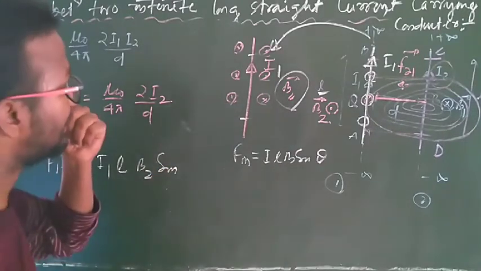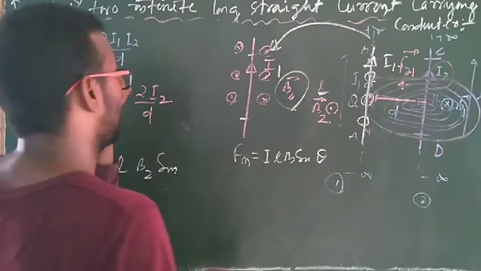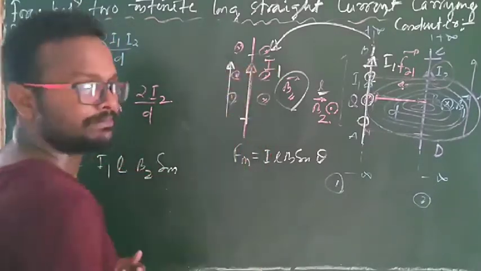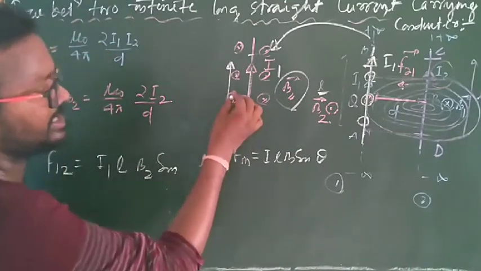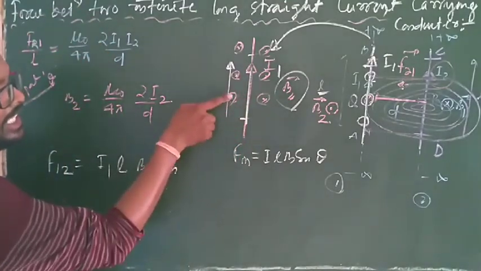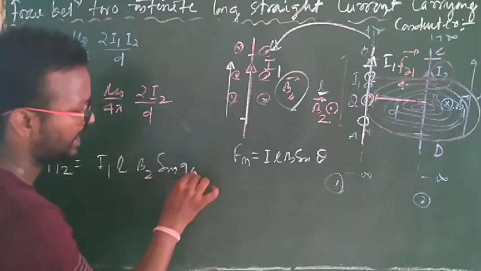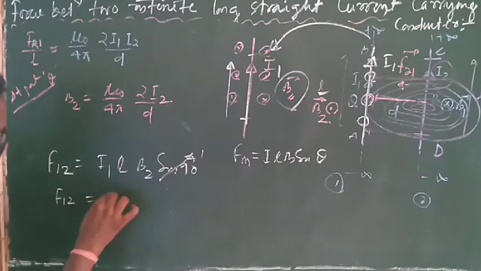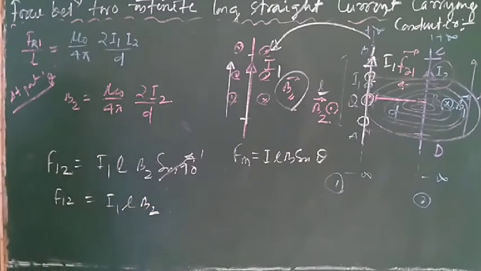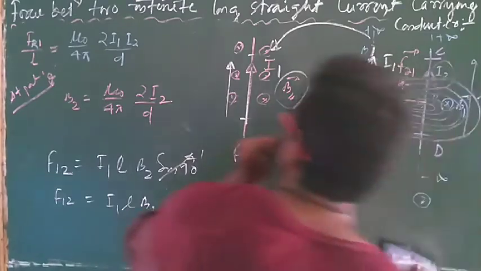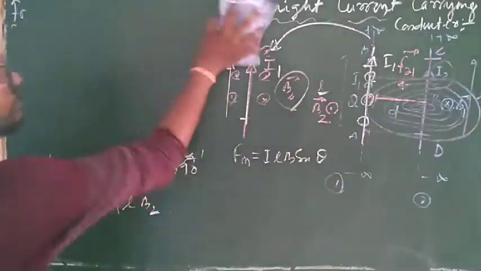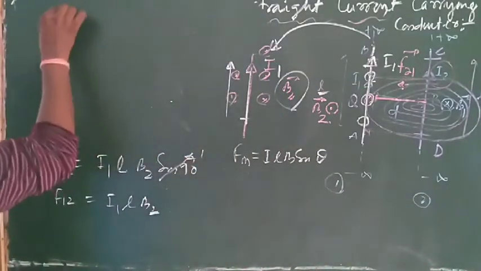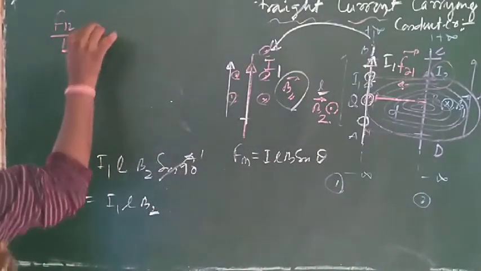What is theta? Theta is the angle between the length element and the magnetic field. This is the direction of current, so this is the direction of length, and the magnetic field is in the upward direction. So the angle between length and magnetic field is 90 degrees, and sin 90 equals 1. That gives F12 equal to I1 L B2. Clear? Now we write F12 per unit length.